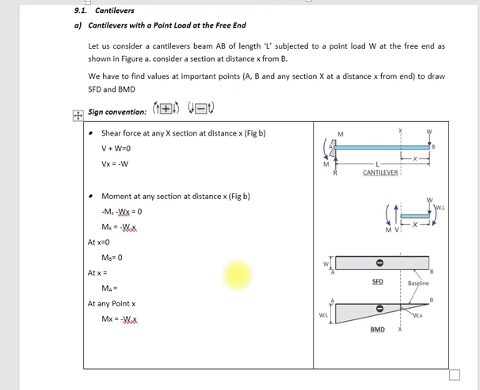At x equal to L, bending moment will be equal to minus W into L. So we can see the bending moment will remain in the negative direction starting from 0, and it will vary up to minus WL. So this is all for this lecture. We will take other examples for different problems.